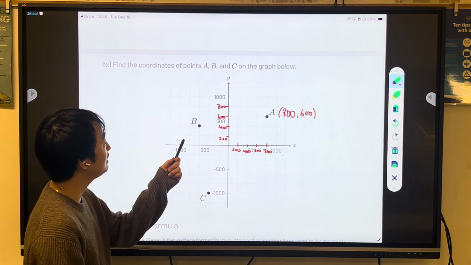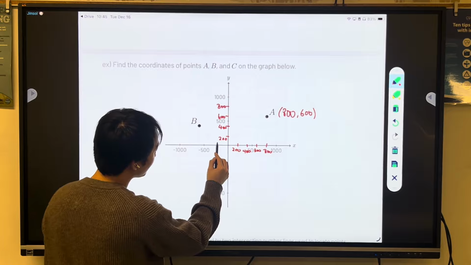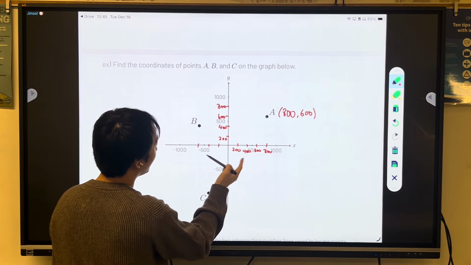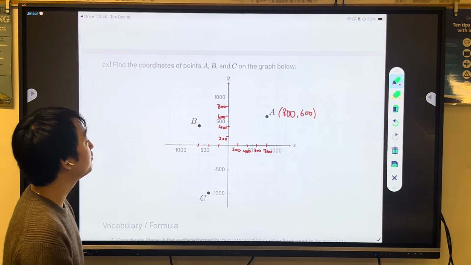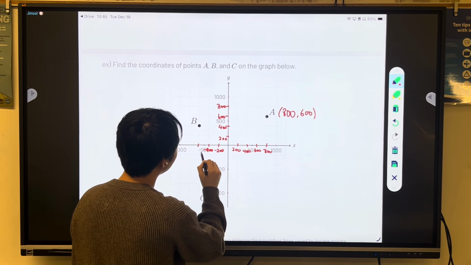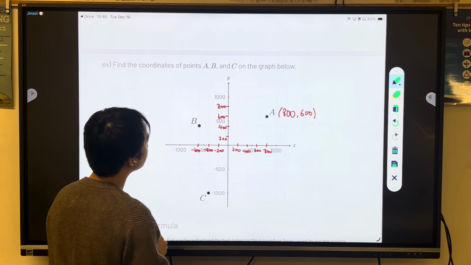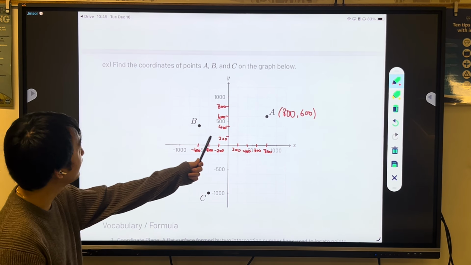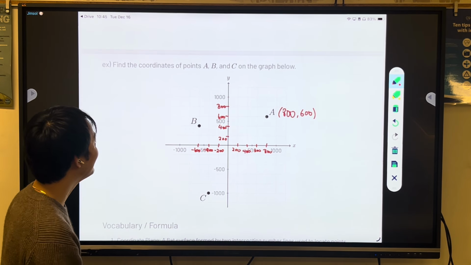Let's try for the B value here. The B value, similar thing, except we go to the left. And remember that when we go to the left, the numbers are negative. So that's going to be negative 200 here, negative 400 here, and negative 600 here. So the B coordinate, the x coordinate would be negative 600.